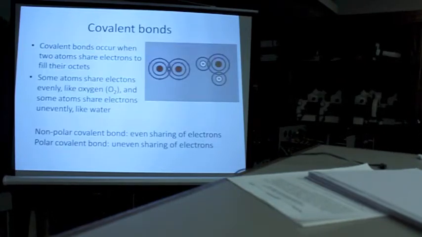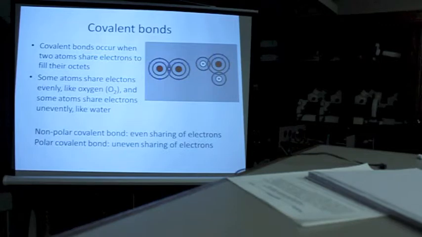Restating the same thing again, covalent bonds occur when two atoms share electrons to fill those outermost orbitals. Some atoms will share evenly. Like O2, it's just like H2, the same atom coming in, so they're each pulling to the same degree and sharing those electrons evenly.